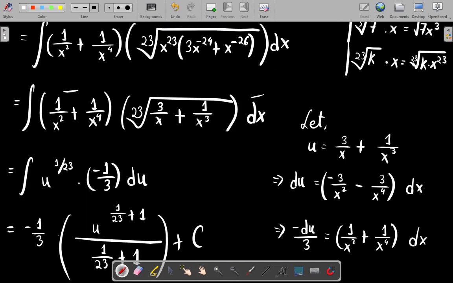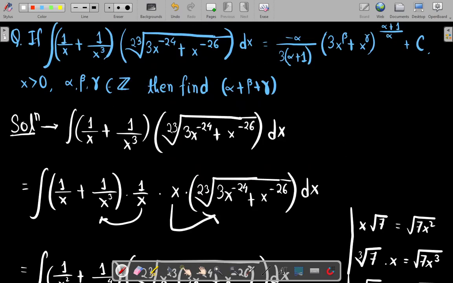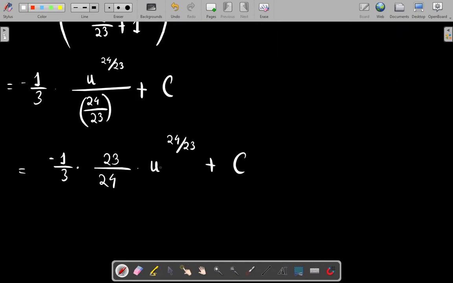Okay, so now let us do the original back substitution again. If I do the back substitution again, this has to come in this form, minus alpha upon 3 times.